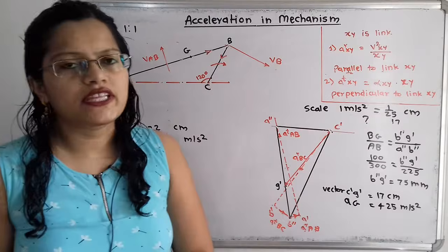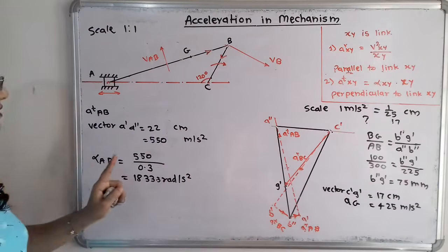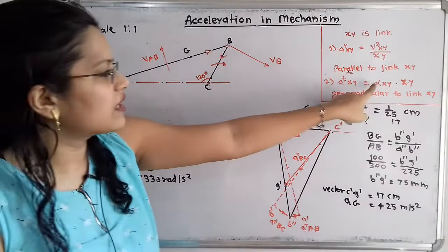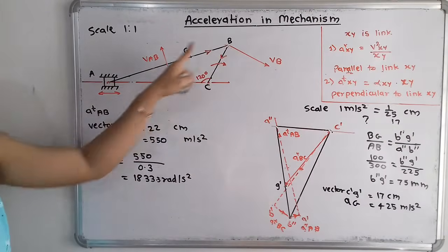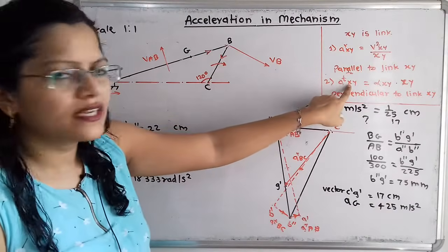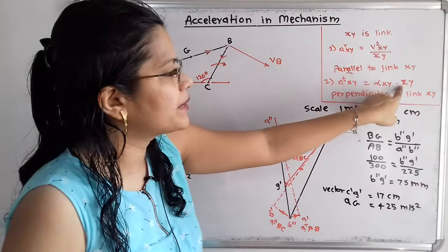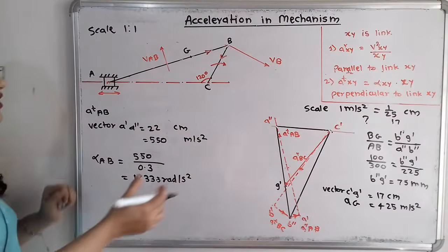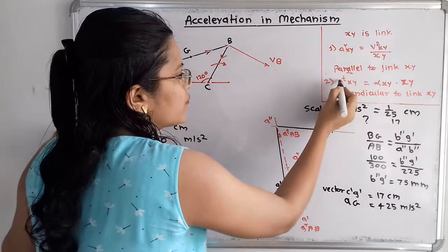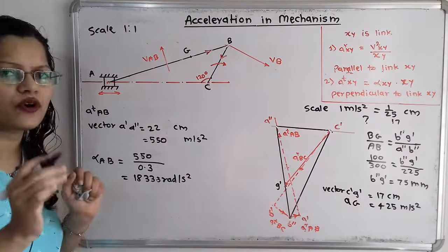So this is the value, that is we can say acceleration at this point G. Now we will move to the next, that is we have to find out what is the angular acceleration alpha for this link AB. For this AB we have the formula A raised to T, instead of xy we have to use here AB, which is equal to alpha AB into length of AB. So if we refer to this formula, then we have to find out the tangential component of acceleration for AB.